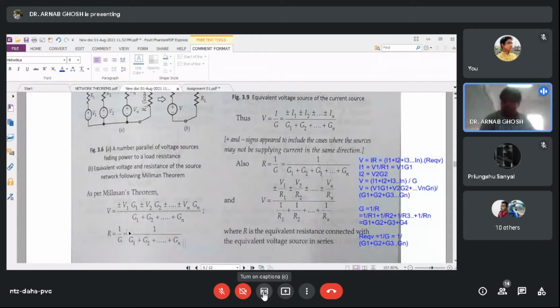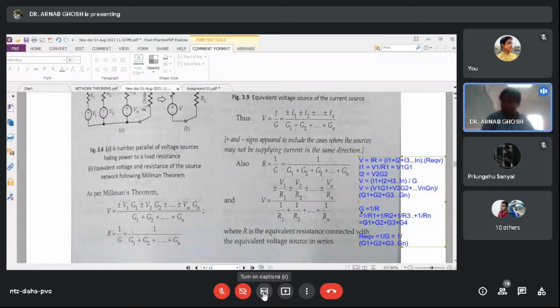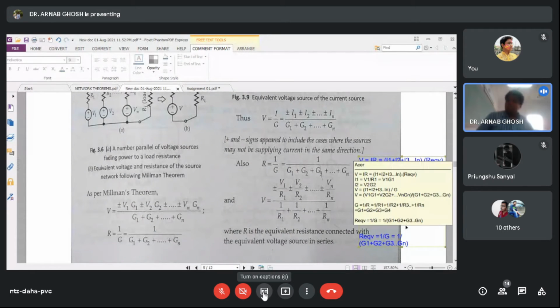So this is what you are getting as the value of R. And you replace this G in the voltage equation by G1 up to Gn. G is equal to G1 plus G2 plus G3 up to Gn.